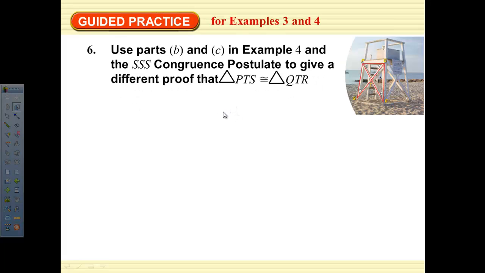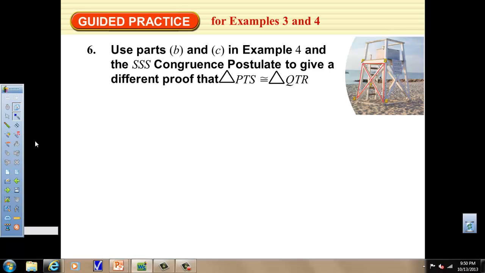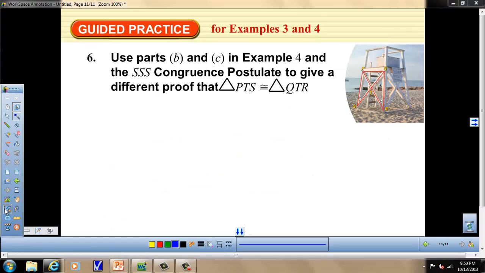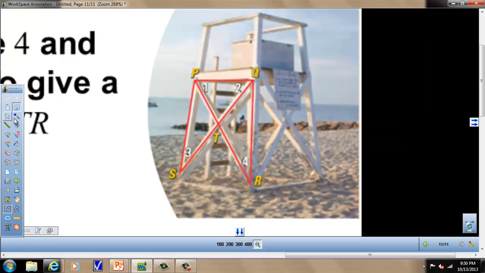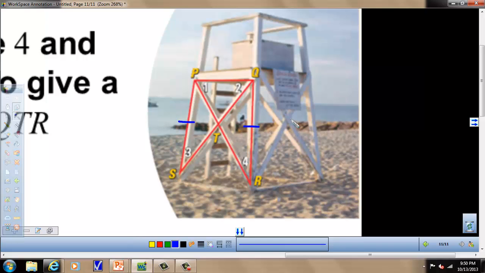And now we want to take a look at this and see if we can prove it by side. This is a little bit trickier, but I'm going to go over it. I'm going to zoom in on this picture so that we can see it. So we want to do side this time. Well, we already have this given to us because it was one of the original things given.